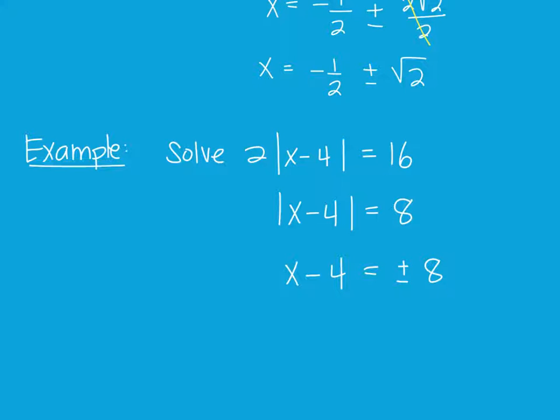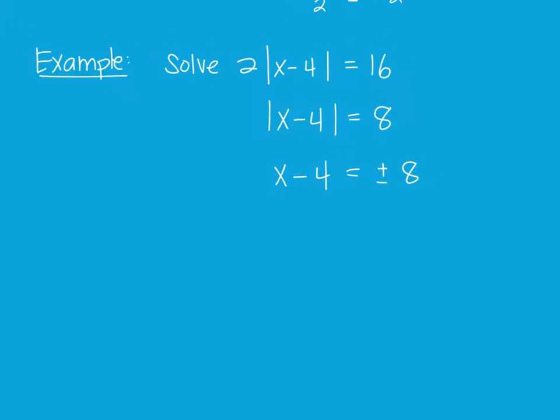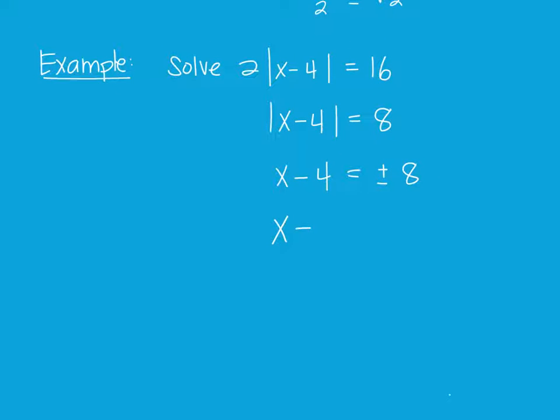Oh, I love that. Okay? So that gets rid of the absolute value so you don't have to worry about that anymore. You still need it to be x by itself though, so the last thing we would do to both sides is what? Add 4, so it's going to go in front, 4 plus or minus 8. Which means 4 plus 8 will be one answer, and 4 minus 8 will be another answer.